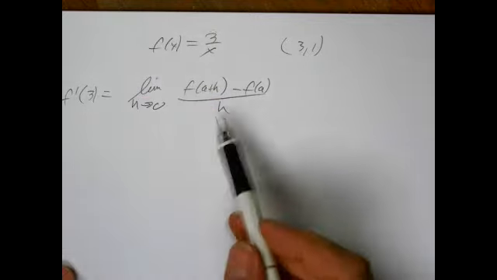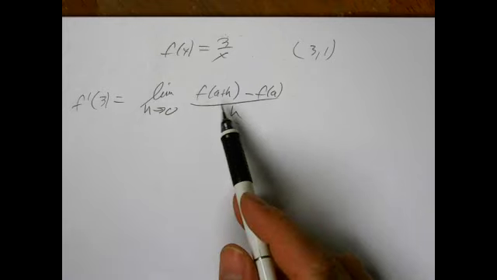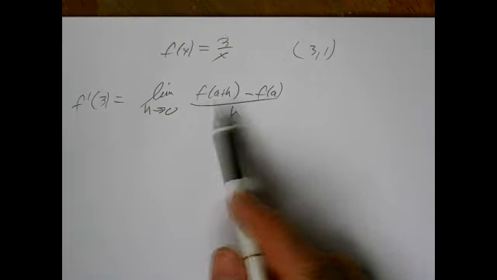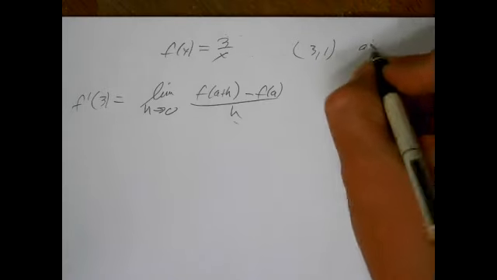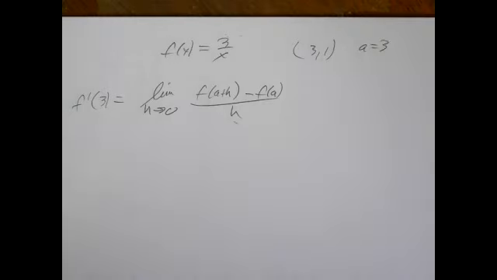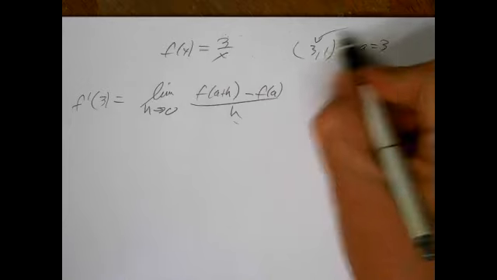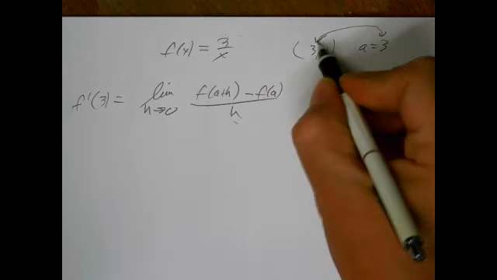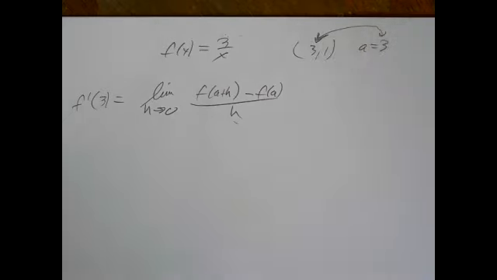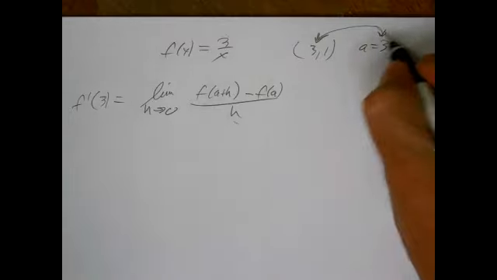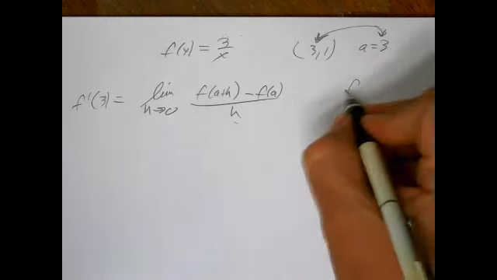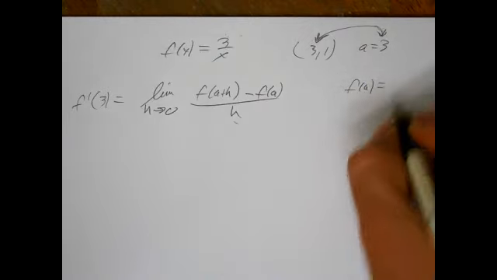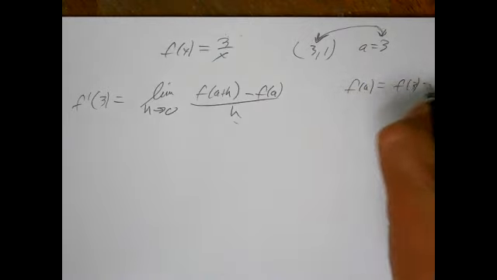So the pieces that need to go into this, not a bad idea to get them sort of figured out in advance. So my a is equal to 3. The a is the x value. It symbolizes the x value of which you want to find this instantaneous rate of change, this slope of a tangent. So therefore, f of a will be equal to f of 3, which is 1.